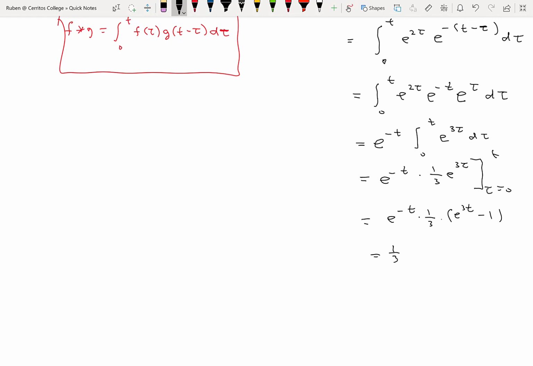Keep the 1/3 factored out, but put the e to the minus t into the parentheses, distributed inside. So this becomes 1/3 times (e to the 2t minus e to the minus t). Okay. Now, before we move on, I want to compare that with what we would have gotten the traditional way. So the traditional method, let's do this in green.